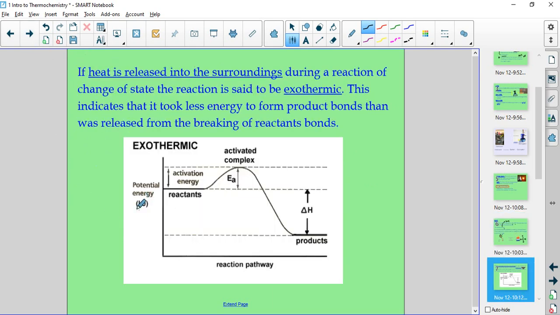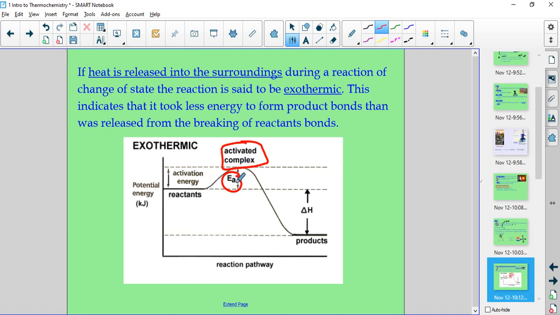Reactants have a certain amount of potential energy held within their bonds. Now, for them to react, even for something that's flammable, you need a spark or some heat added for that reaction to actually take place. That's called your activation energy. We'll talk more about what an activated complex means and get into that in quite a bit of detail, but for now, we'll just leave it as a state between reactants and products. That's all you need to know for now.